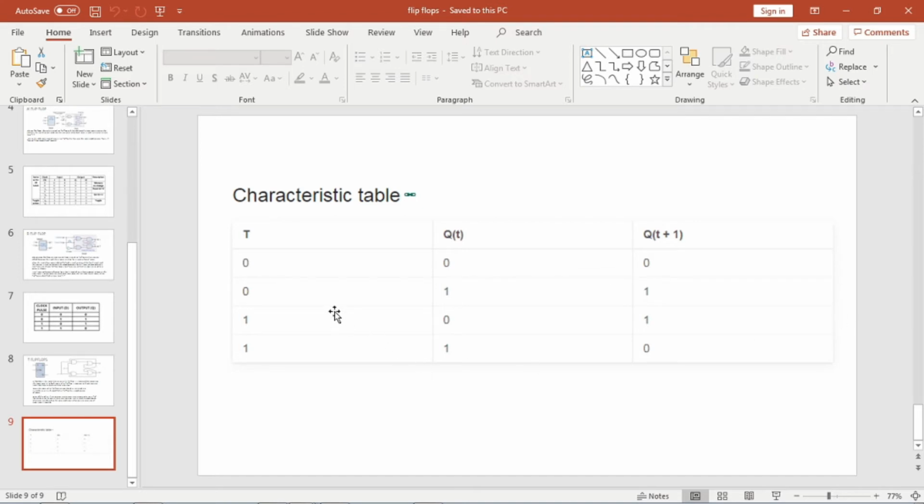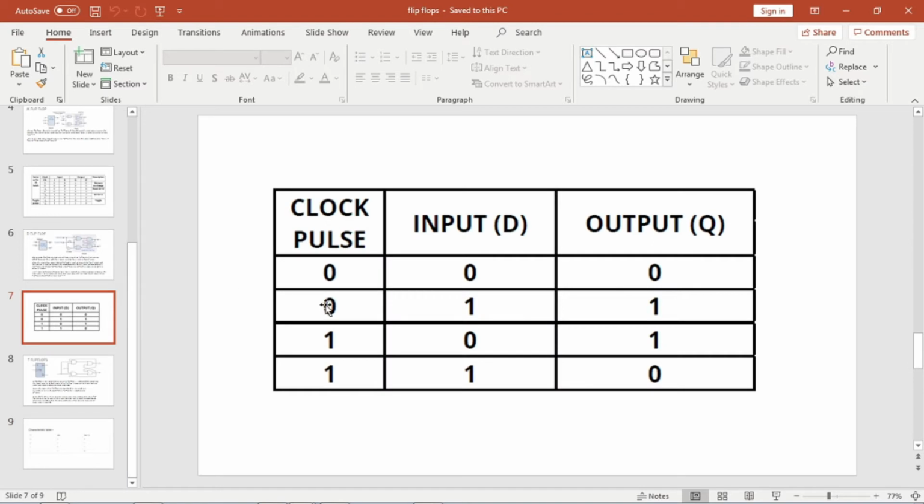When the input is 0 and the previous output is 0, it returns 1 1. And if the input is 1 and the previous input is 1, it returns 0 1. And the input is 1 and the previous input is 1, it returns 1 0. In this case, it does not return 0. Whereas in D flip-flop, it returns 0 if the previous output is 1 and the current output is 1.